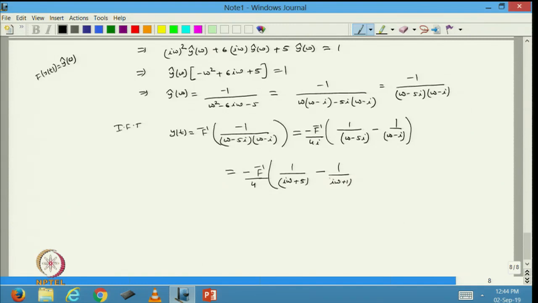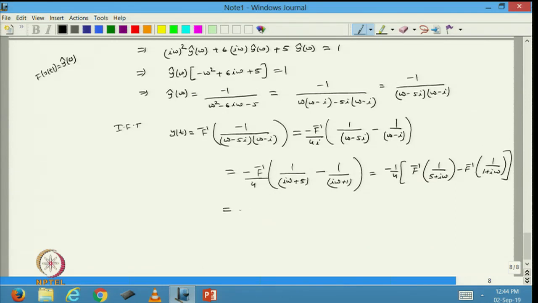So, it will be plus. So, this is minus 1 by 4 and this is satisfying the linearity property. So, this is equal to 5 plus I omega, plus minus, because I know that it satisfies the linearity property. So, I can take this as 1 plus I omega.